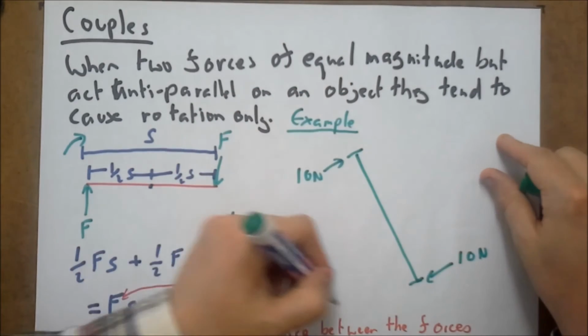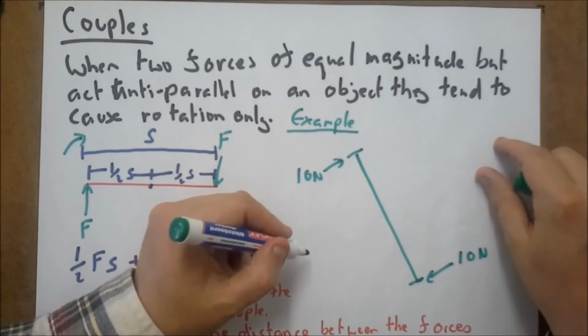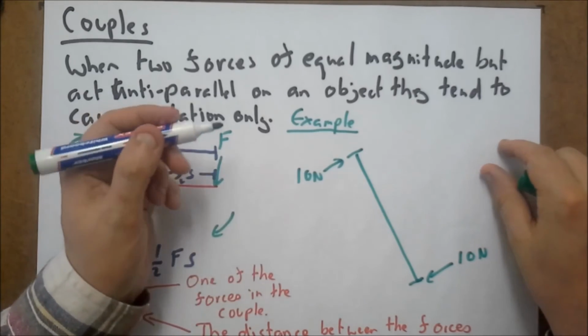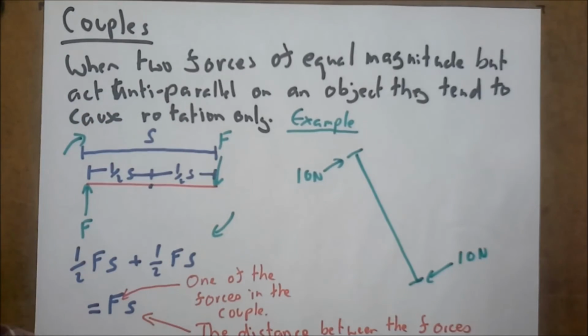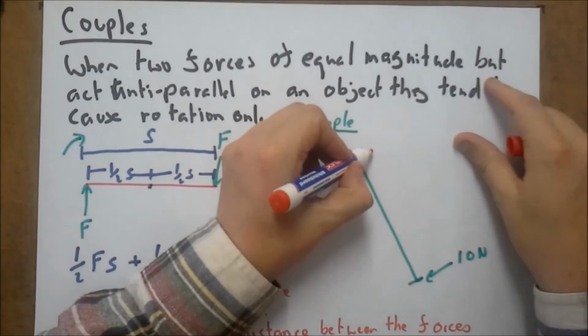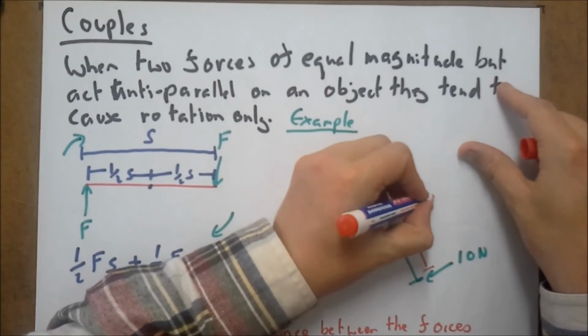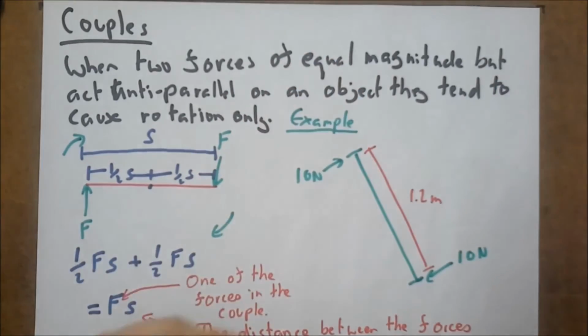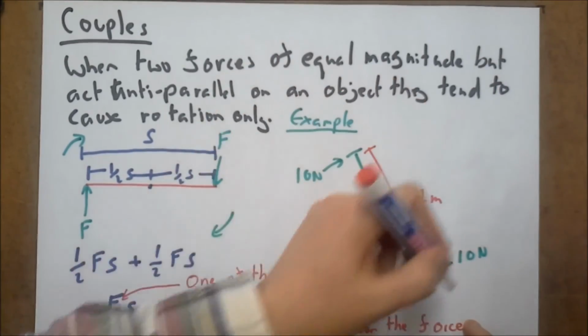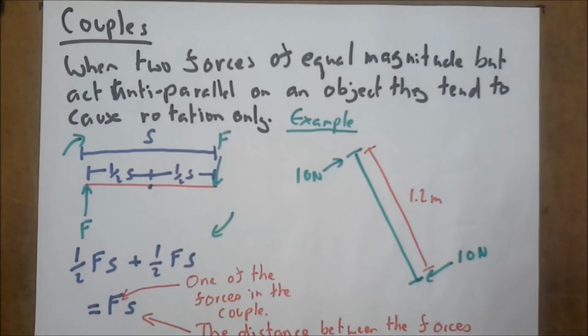So this is going to cause a rotation. We need a distance between the two forces, and in this example we're going to make that 1.2 meters. So what is the total moment being produced by my couple?